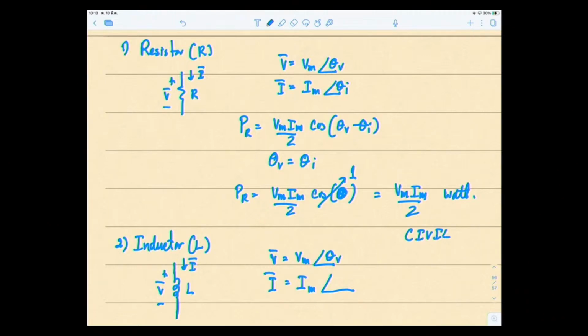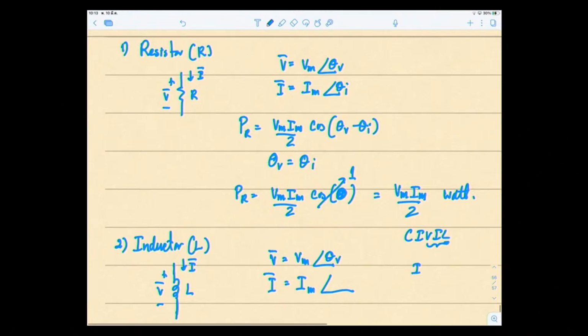You're dealing with an inductor, so you look at the last three letters, and you see that I comes after V, so I lags V by 90 degrees. So the phase angle theta I is less than V, which is theta V minus 90 degrees.